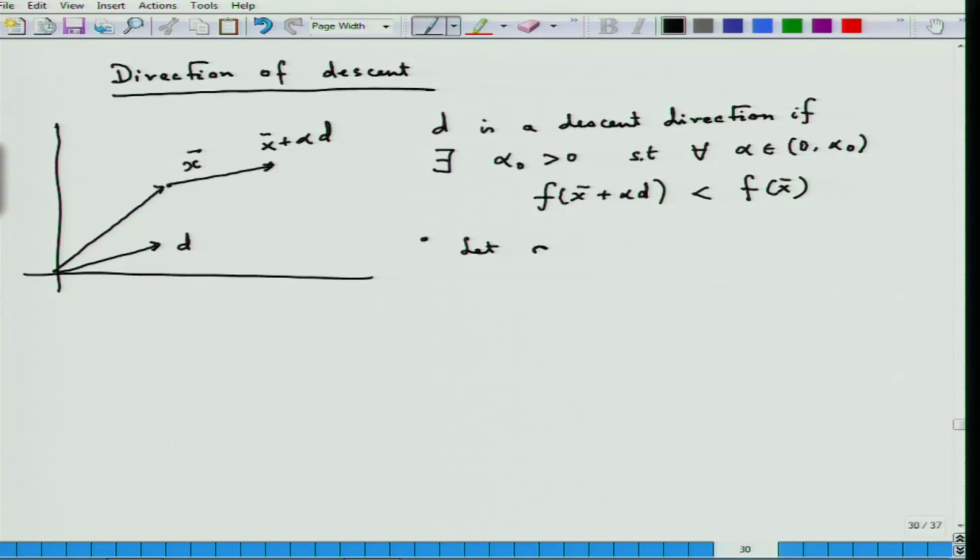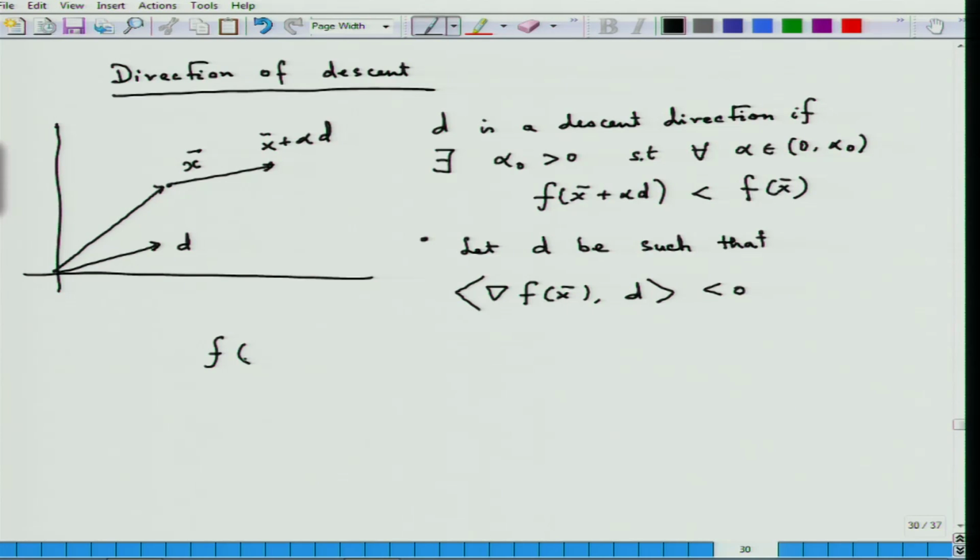Let d be such that grad f of x bar transpose d is strictly less than 0. Then you know the simple fact about directional derivatives from vector calculus, or if you write down the expression for the derivative or Taylor's theorem in higher dimension.